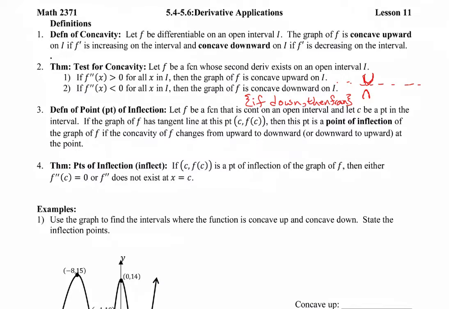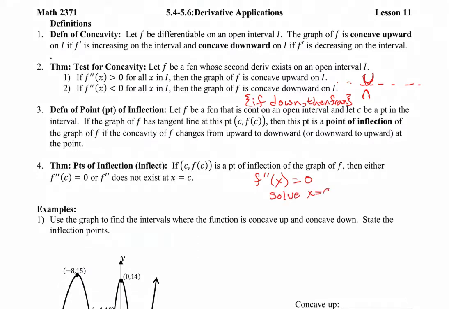An inflection point is, by definition, where the graph changes concavity. The way we find possible inflection points is by setting the second derivative equal to 0 and solving. So we say f double prime of x equals 0, solve.